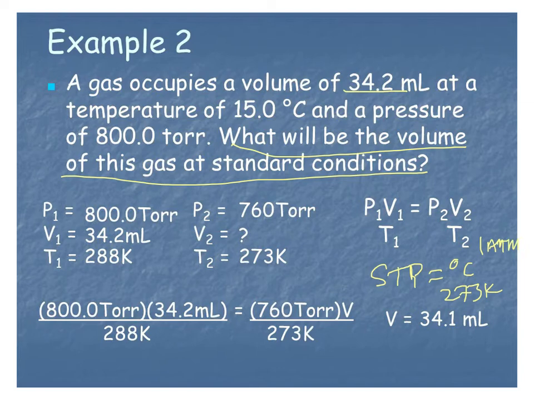So my guess is it's going to be fairly close when we do all the math, because we're not really changing that much here. This is a little bit colder than room temperature, and the standard pressure is a little bit lower than 800 torr. Well, we got to do the math, and so when we do all the math here, we got, as I predicted, pretty close to where we would start from, right?